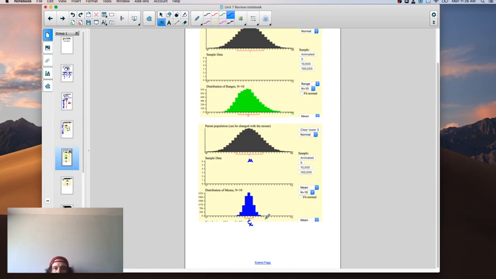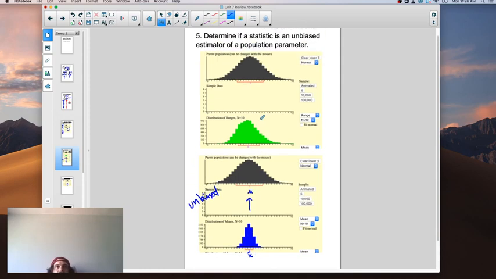We have this distribution of x bars from sample size 10, and you can see that the sampling distribution for x bar is centered on the parameter that we're trying to estimate. And so this is unbiased. It's unbiased because the sampling distribution of x bar, or of the statistic, is centered on the parameter we're trying to estimate.